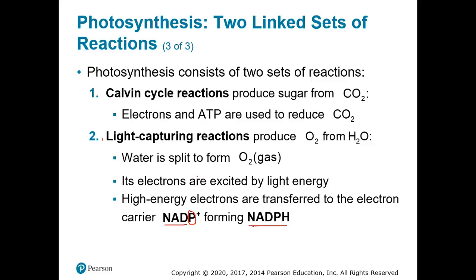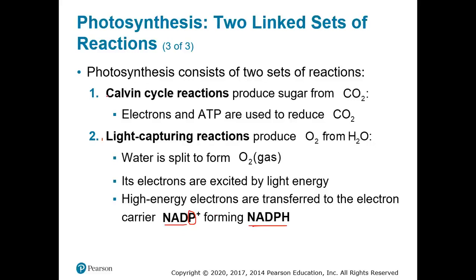So in our light capturing reactions, we're using water. So this is where water comes in. Water is going to be split and oxygen is going to be formed as a byproduct. So this is where oxygen is produced. And once again, this is where we harvest that energy from the sun and we give it to these high energy electron carriers. Now, for the Calvin cycle, this is all about sugar.